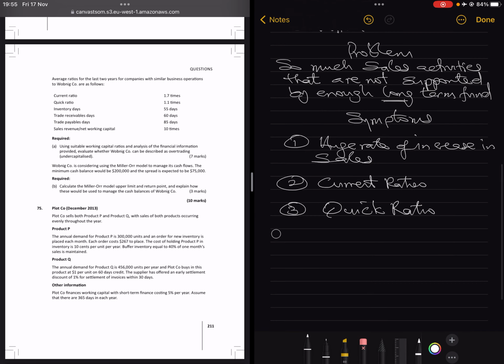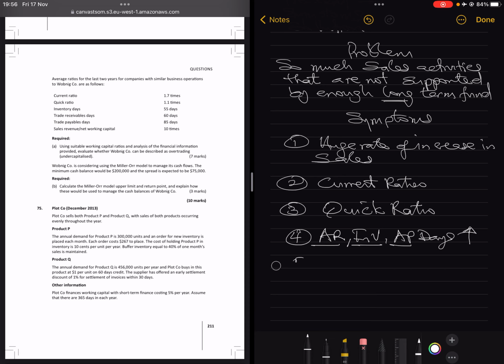Right? We also said that account receivable, inventory days, and AP days all will go up because those balances will go up because this company is selling so much. It will need so much inventory, will try and delay payment because it doesn't have enough cash. So AP balance will go up, inventory will go up, and AR will go up because it's selling so much on credit.